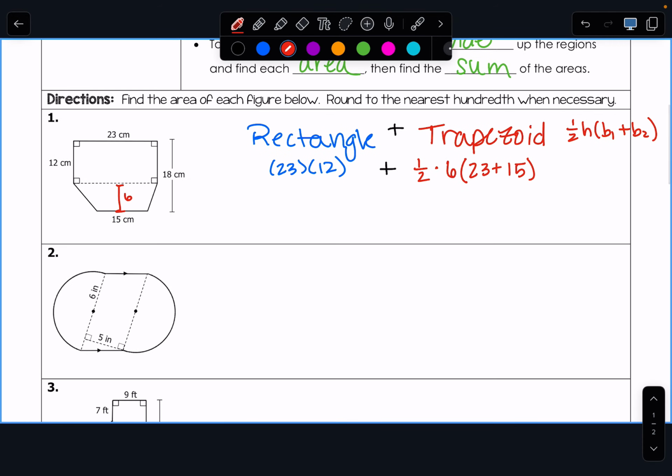Regions. 1,035. 114. Okay, Will Barnes, what are you getting?